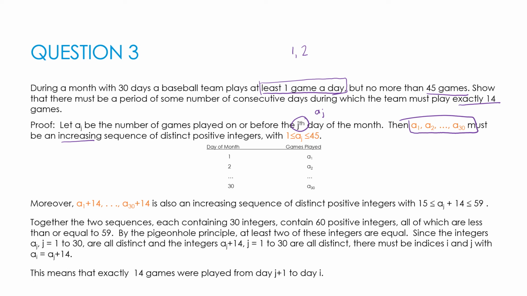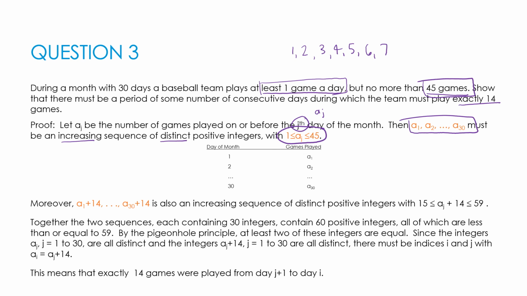And they're going to be distinct, which means I'm never going to have the same number twice, because even if I just play 1 a day, that number is different each time. So essentially A sub j must fall between 1 and 45. 1 is the minimum because I'm going to play at least one game on the first day, but I can't do more than 45, so 45 is my max. Hopefully that has made sense so far.